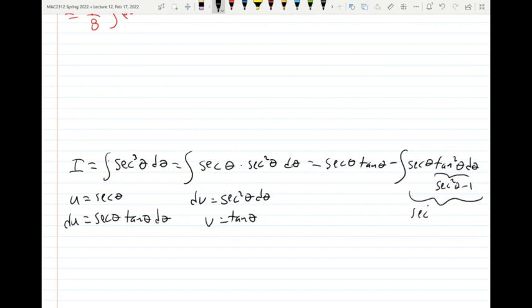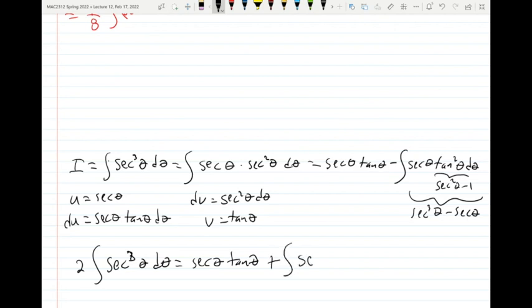So this now becomes secant cube minus secant. The integral of secant cube is negative, so I'm going to move it to the other side, positive. So we're going to get 2 secant cube equal to secant tangent. And then when you distribute the negatives, that gives me a plus the integral of secant.